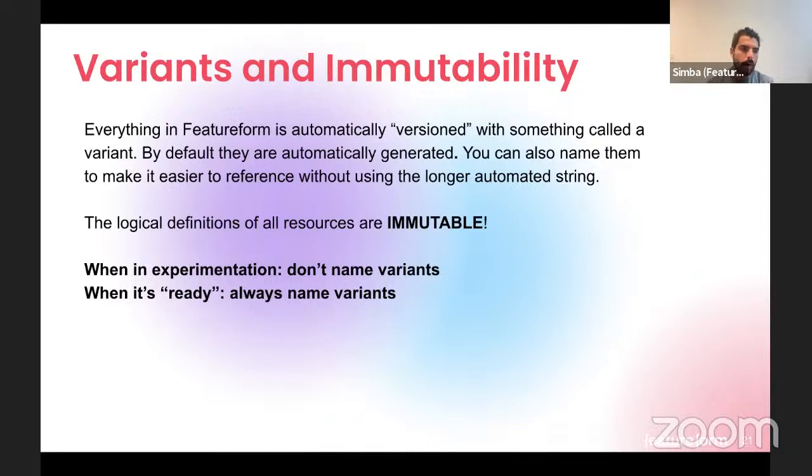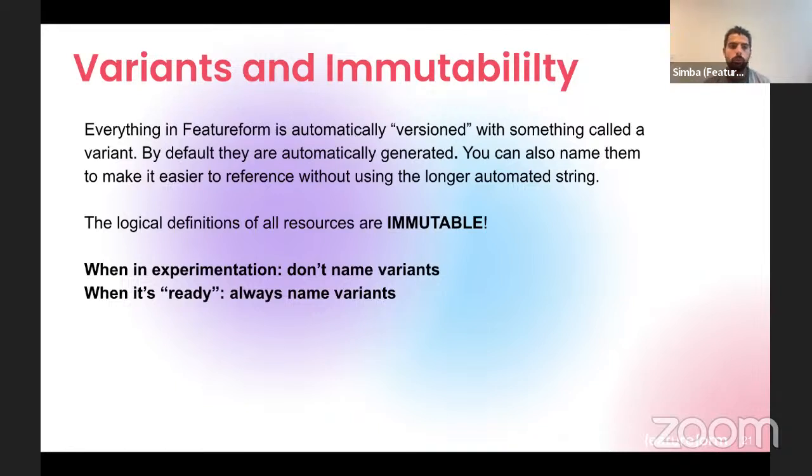At the same time, if I change my transformation, it will create a new version automatically. When I'm experimenting, I tend not to name my variants, my versions. I just keep all the automated ones. Featureform is smart enough to use the existing one if you have it, because it's immutable, and if it's a new one, then it will use the new one.